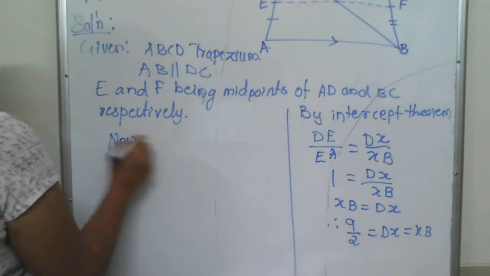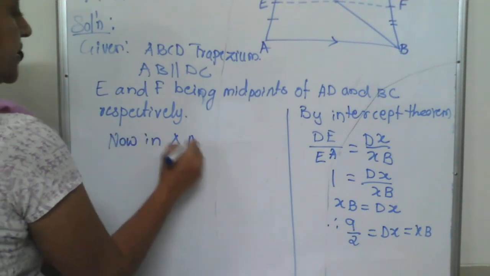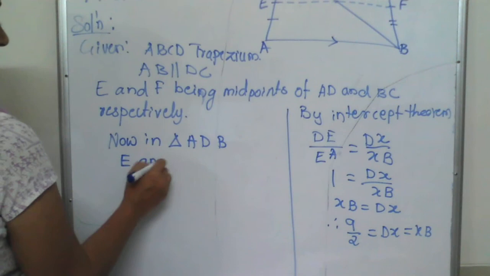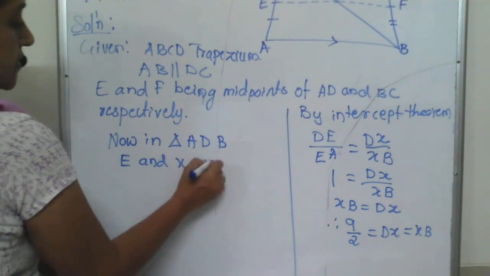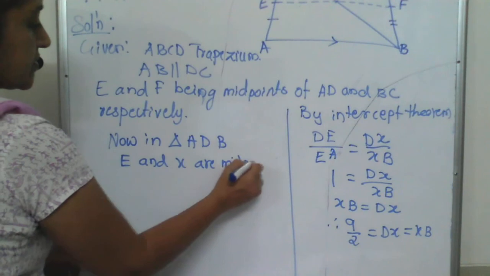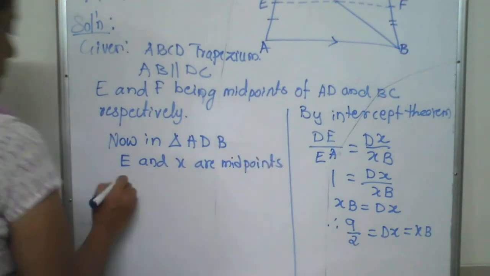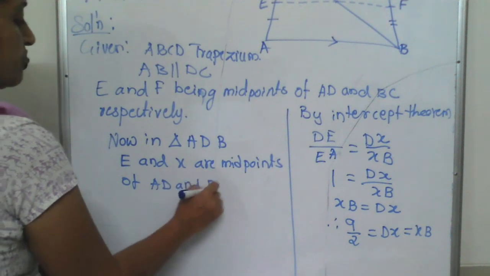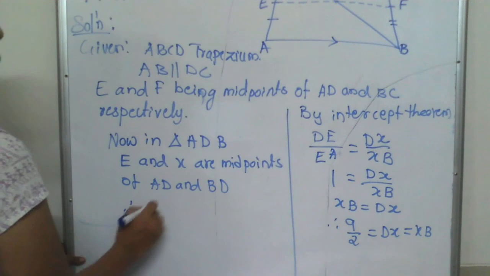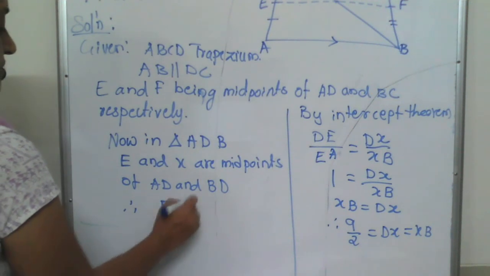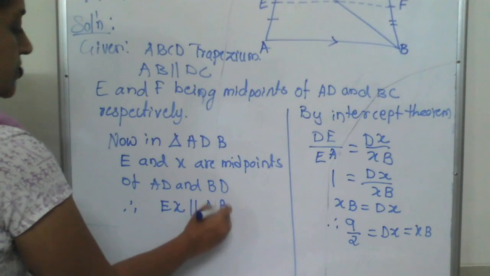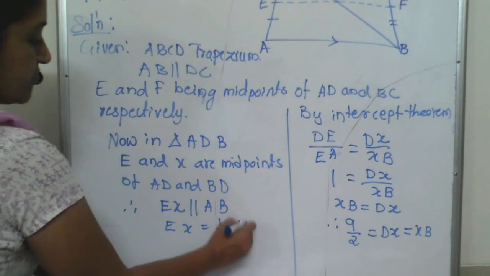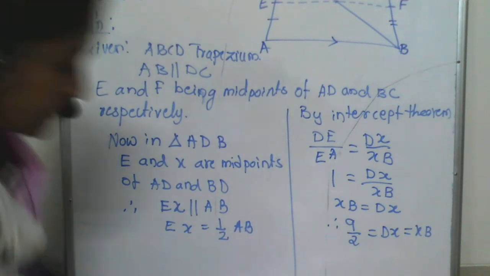Now in triangle ADB, E and X are midpoints of AD and BD. Therefore EX is parallel to AB and EX is half of AB by the midpoint theorem.